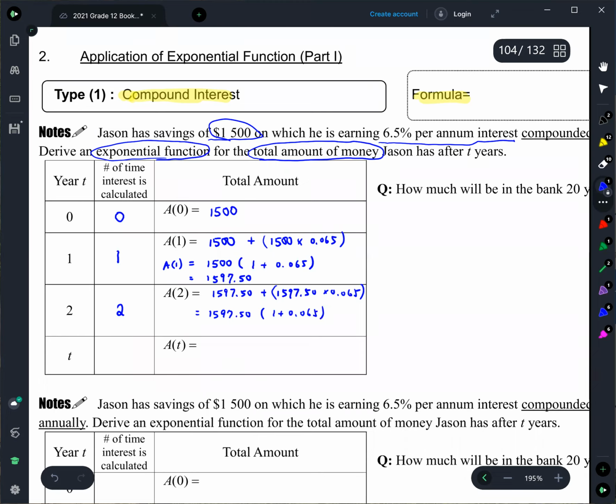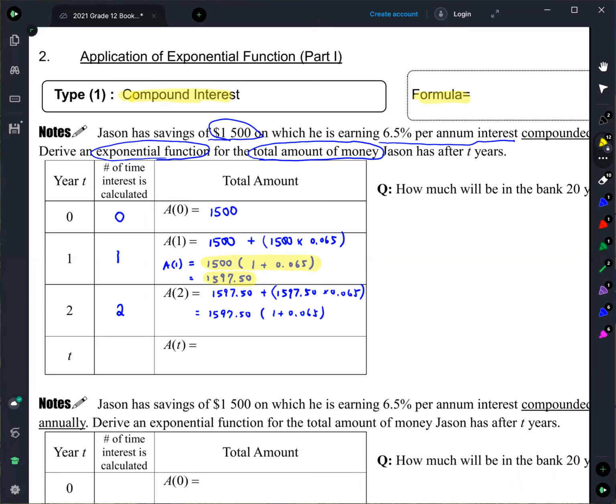Do you follow so far? Basically the same thing. All I did is change the 1500 into the new amount. And then we know that the 1597, this amount is the same as this, you see the yellow highlight.